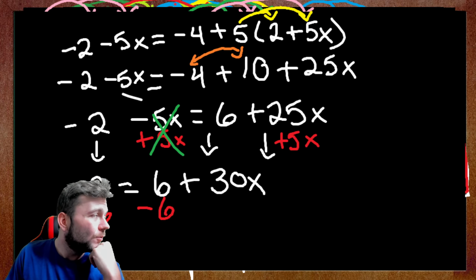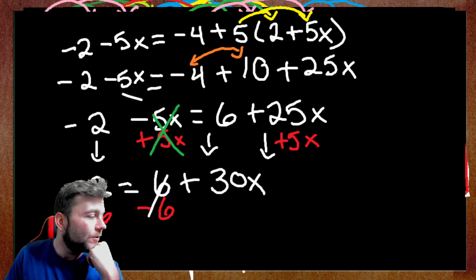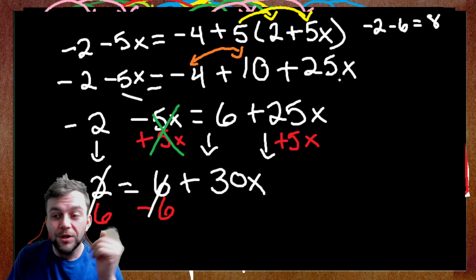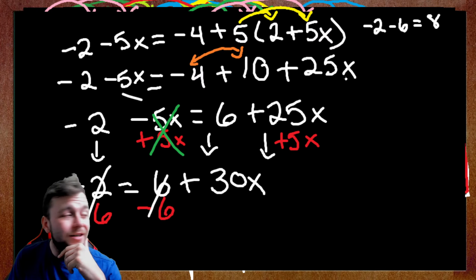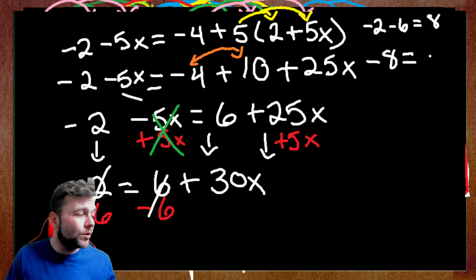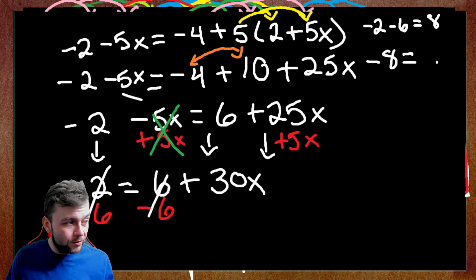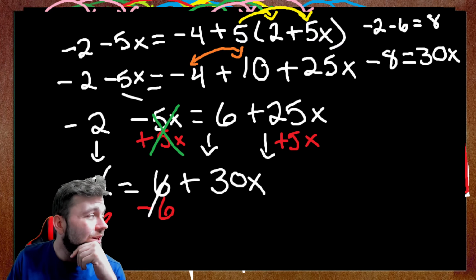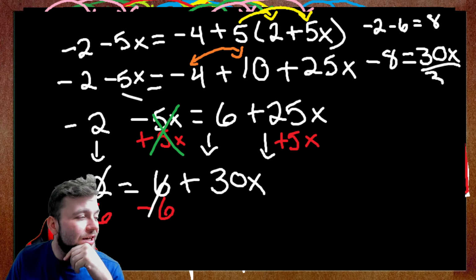What we are left with: this cancels out, and this goes into a negative 8. Negative 2 minus 6 equals negative 8. That's what we just did, but in our heads. So negative 8 equals 30x. Now we must divide both sides by 30.